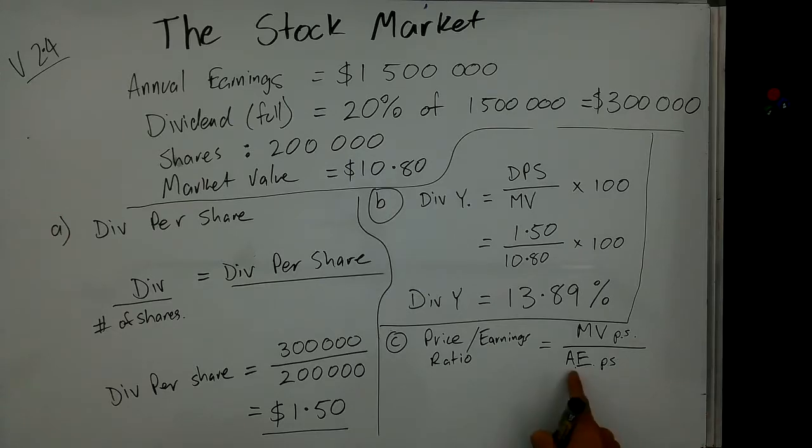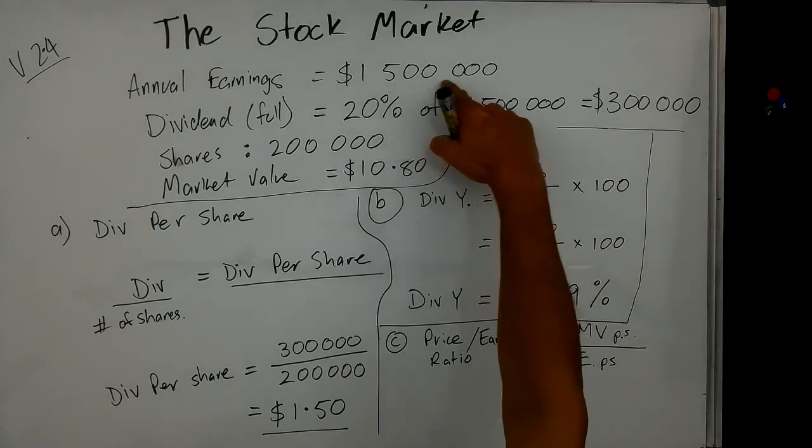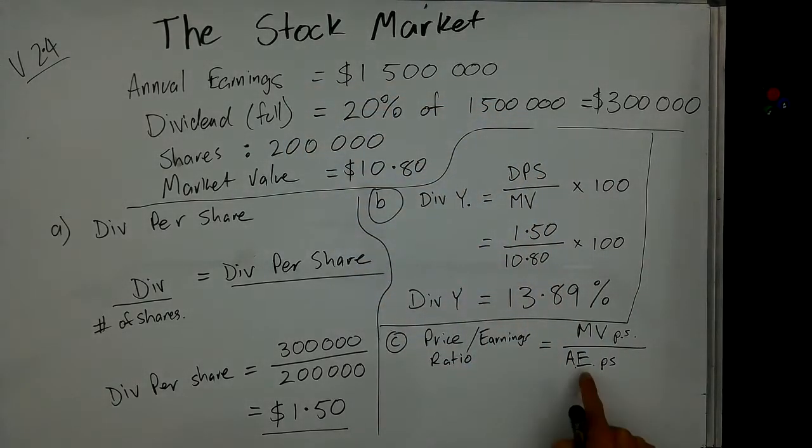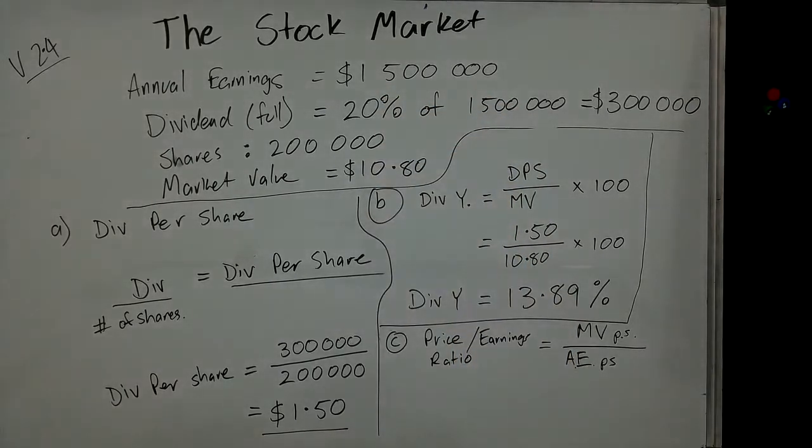So this is the annual earnings, not the dividend, this $1,500,000, the annual earnings, but we need per share. So we need to do a little sub calculation and divide the annual earnings by the number of shares. And that will tell us the annual earnings per share.